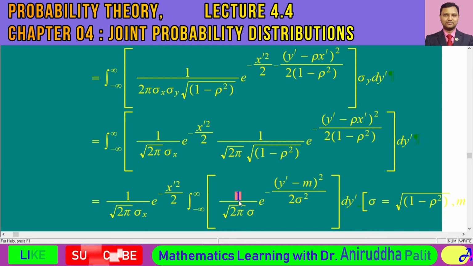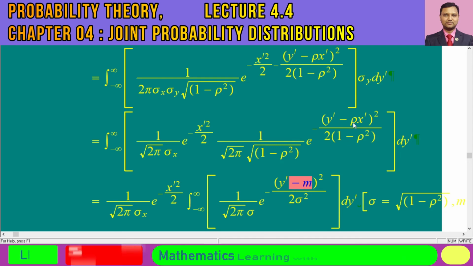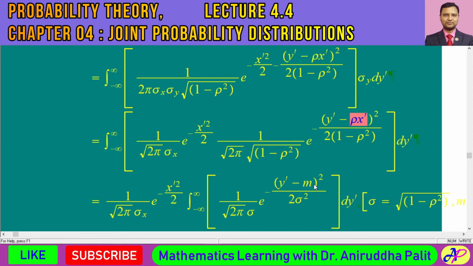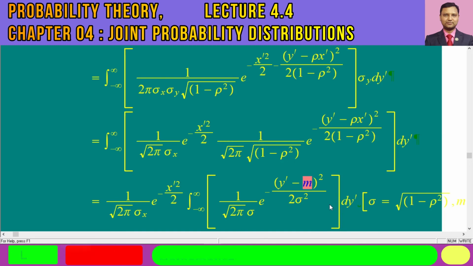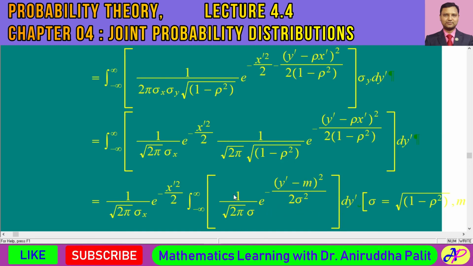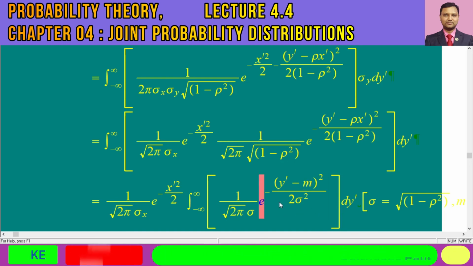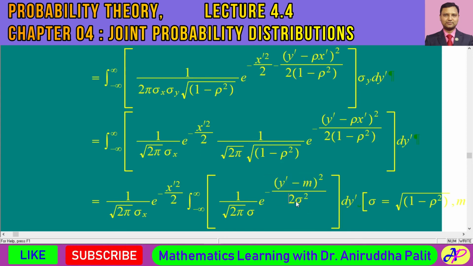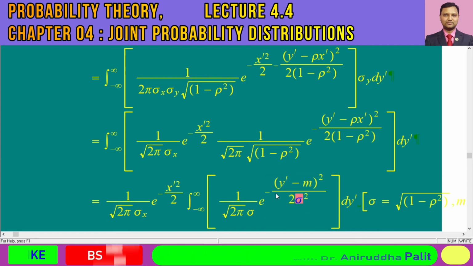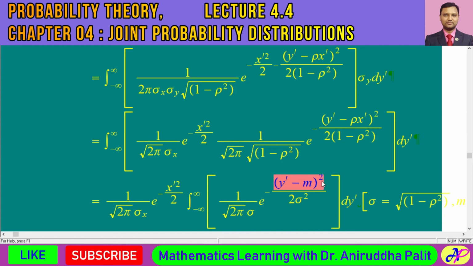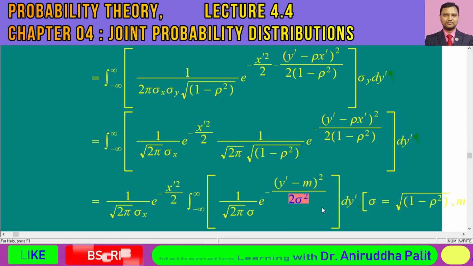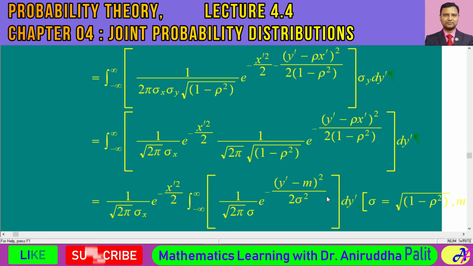So it would be 1 by root over of twice pi sigma e to the power of minus, and this expression, rho into x prime, can be considered to be equal to a parameter small m. So what we have is 1 by root over of twice pi sigma e to the power of minus y prime minus m whole square divided by 2 sigma square. You can arrange it in this fashion. Let me arrange it for you.